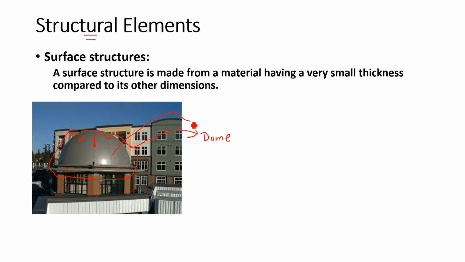If you take one small element here, the force can be transferred in all directions. Through this dome action, the load finally reaches your columns, then transfers to the earth. This type of structure we define as dome structures.